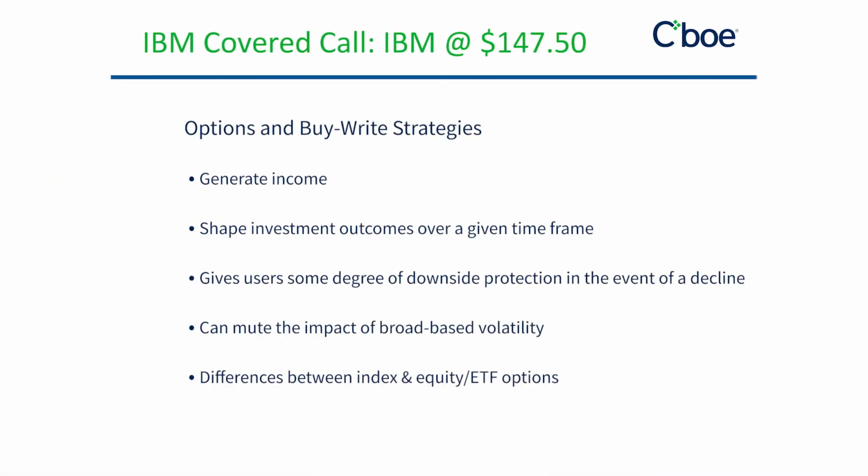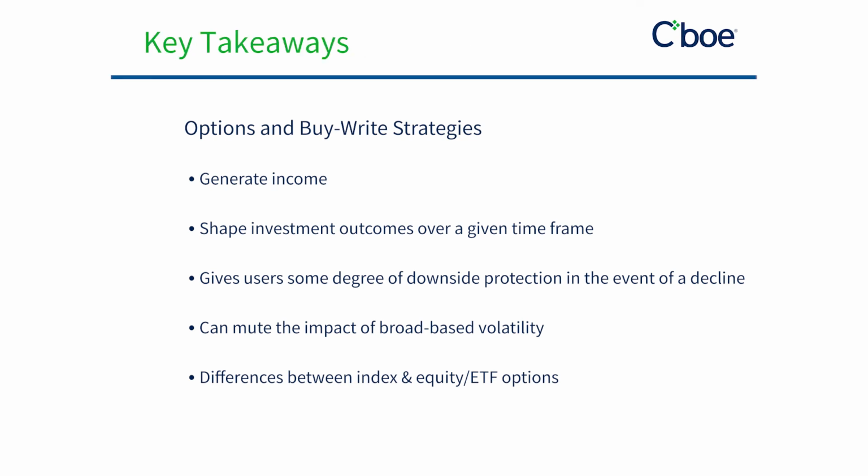We've covered a lot of information, and Cboe tracks at least 16 different buy right indexes. That's a lot. Again, there is no one-size-fits-all approach here. Not for you, and certainly not for your clients. There is the potential to generate income and to shape investment outcomes over a given time frame.